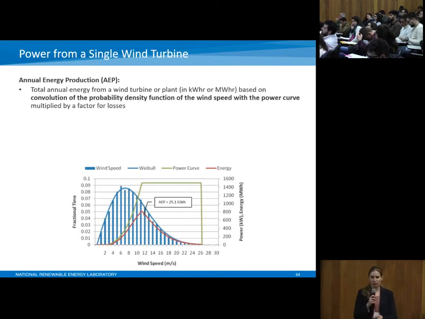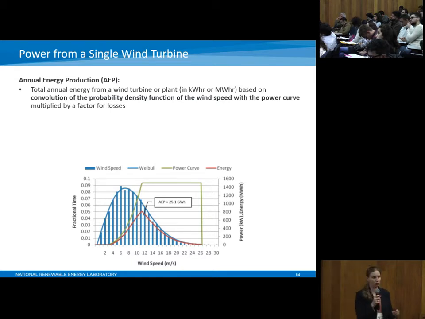And then here's where we get to the Weibull. Let's forget the plant for a second and go back to our single wind turbine. Our annual energy production is essentially, we've seen this plot already today, the convolution of our power curve for the turbine with our Weibull distribution of the resource, right?